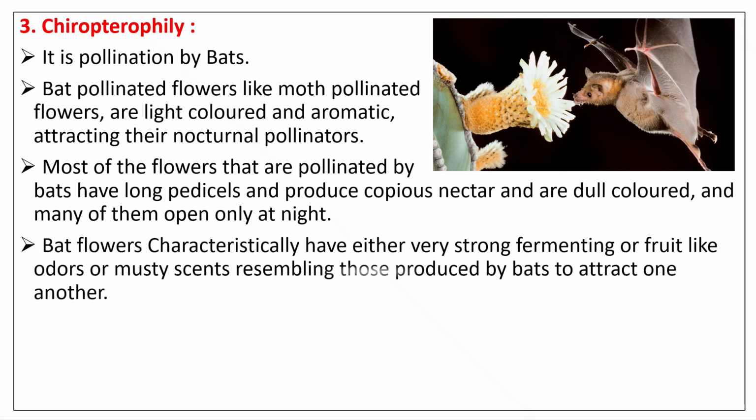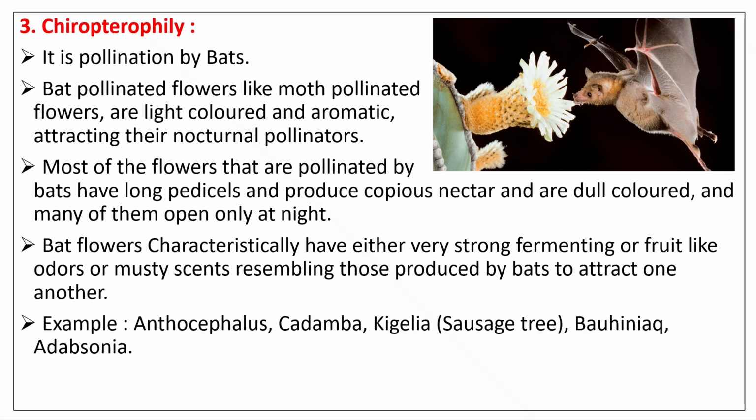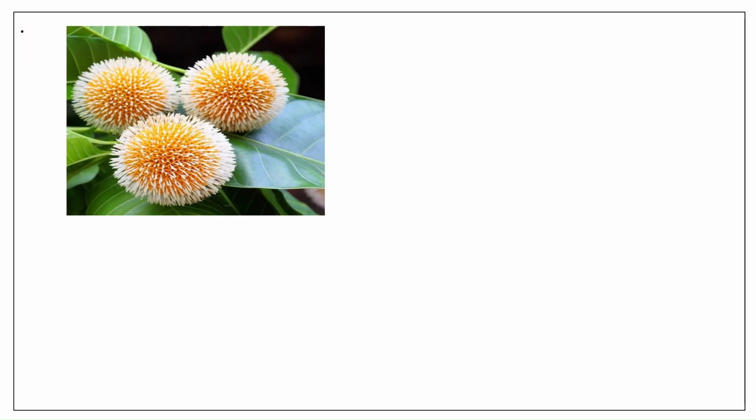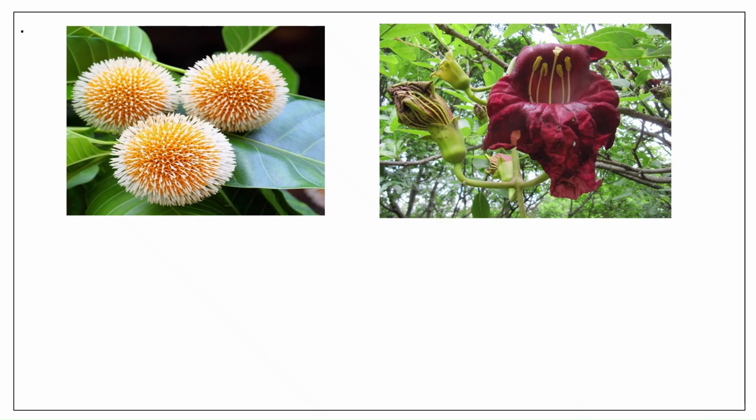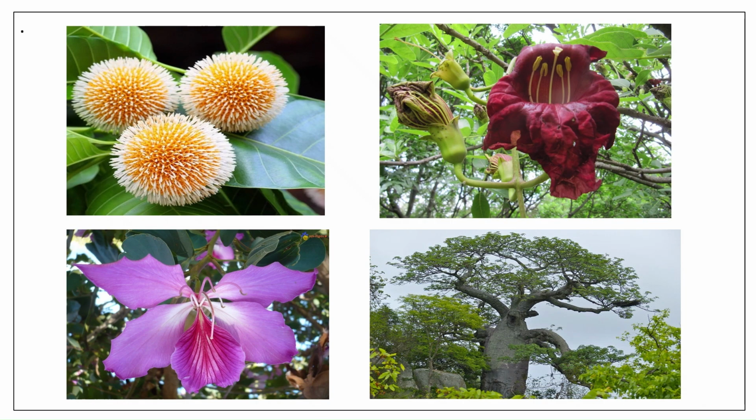Bat flowers characteristically have either very strong fermenting or fruit-like odors or musty scents resembling those produced by bats to attract one another. Example: Anthocephalus, kadamba, Kigelia, sausage tree, Bauhinia, Adansonia.